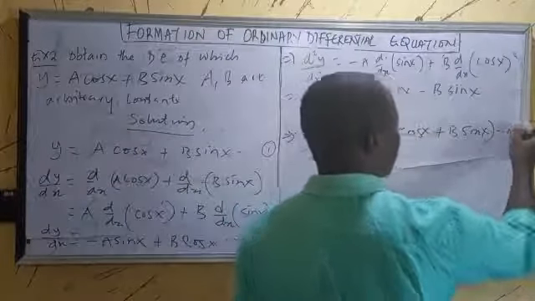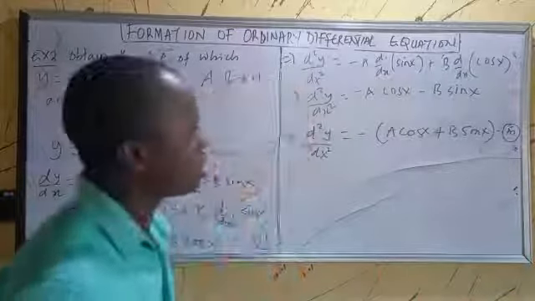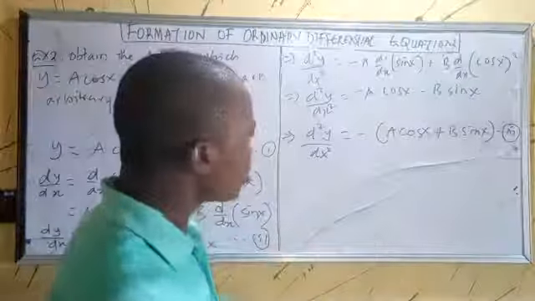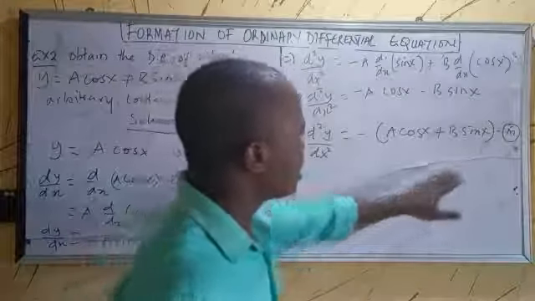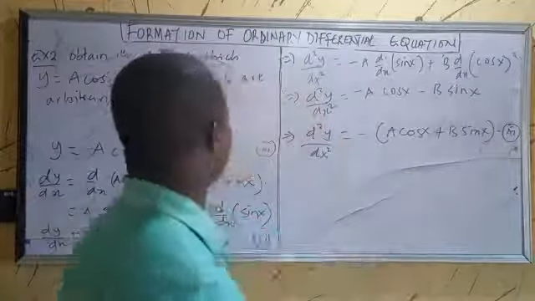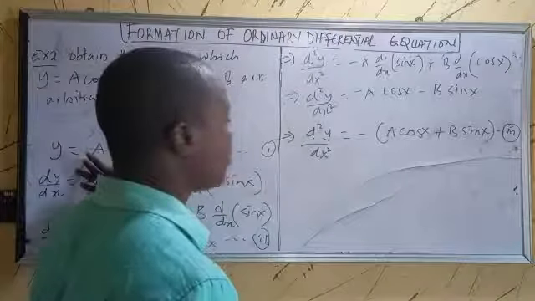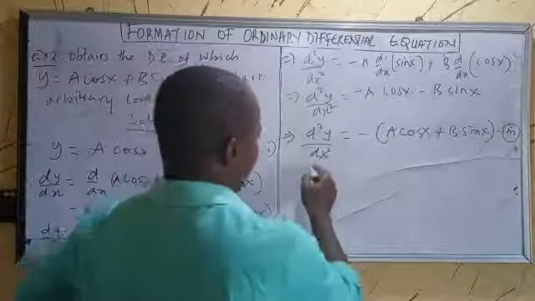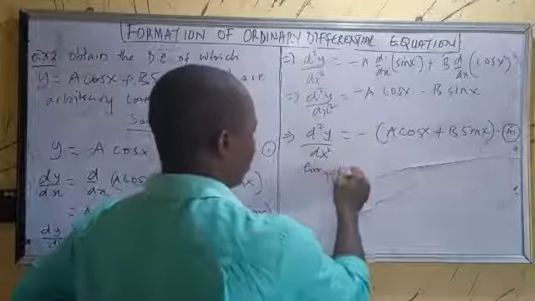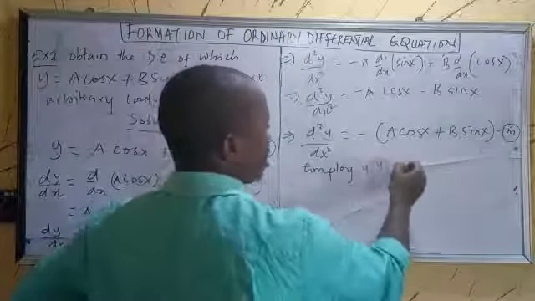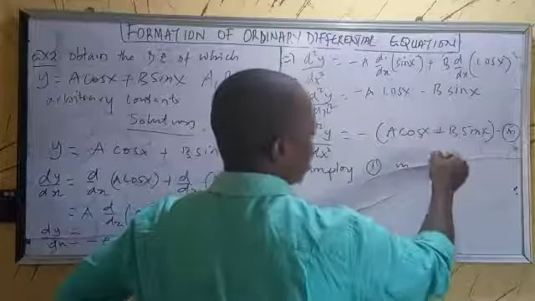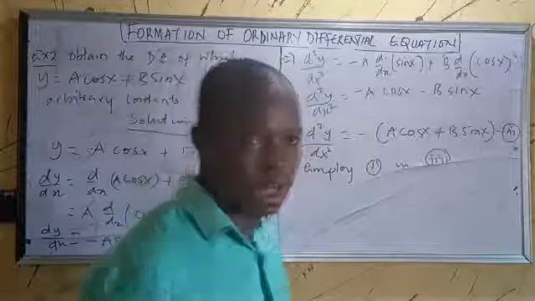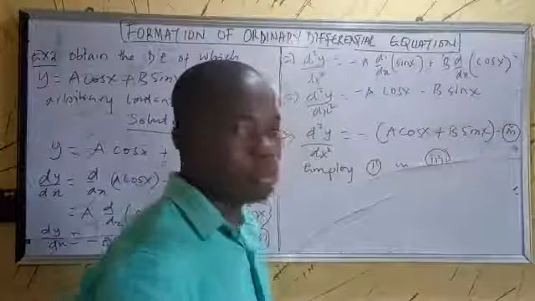If this is equation 3, we can see that there are some things that we need to take note of. From here you can see that equation 3 resembles our given function, which is y. So therefore we employ equation 1 in equation 3, because our intention is to eliminate a and b.